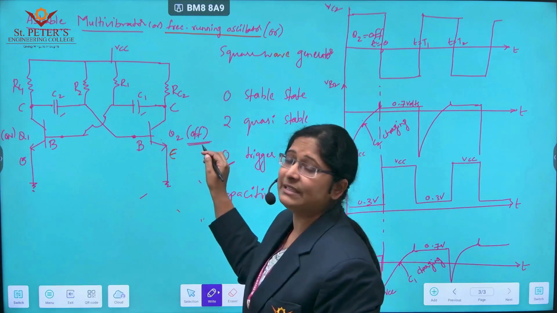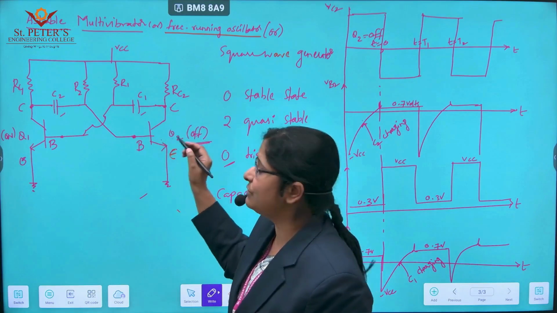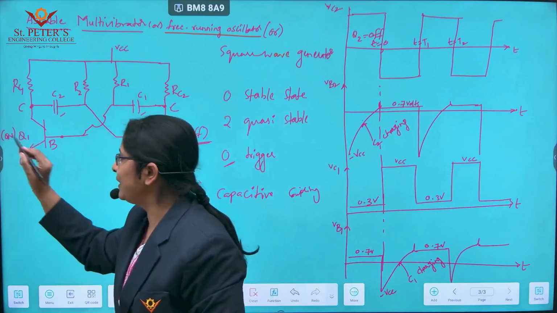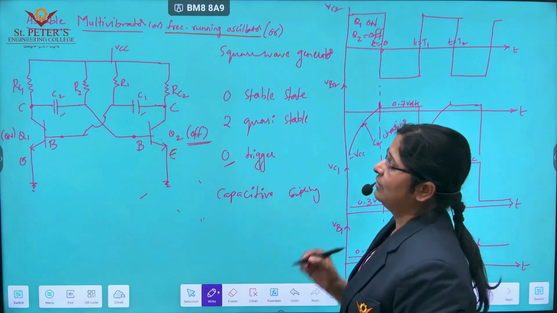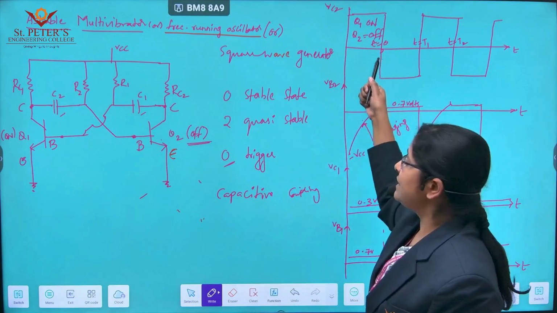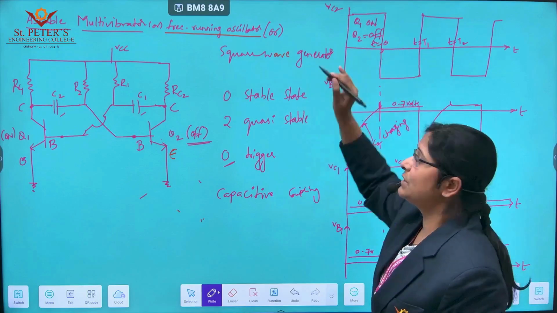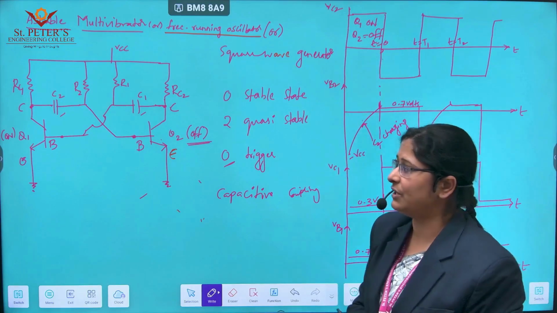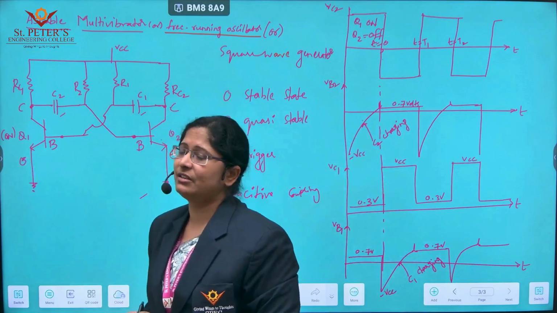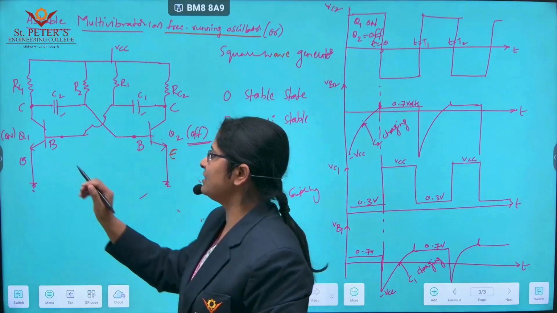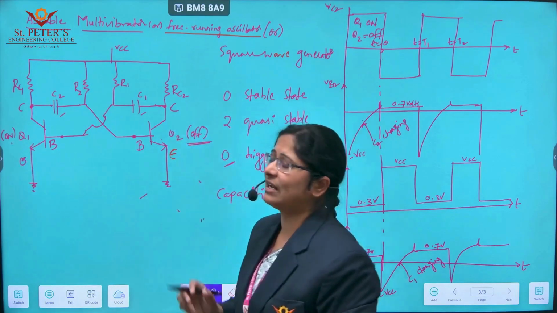So before t equal to 0, that is for t less than 0, I am assuming Q2 is off and Q1 is on. Out of the 2 transistors, one is on and the other is off.